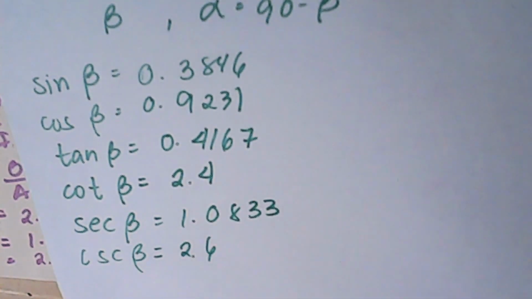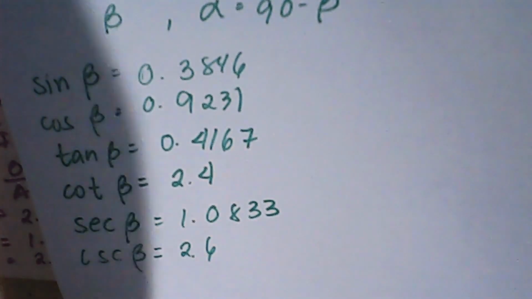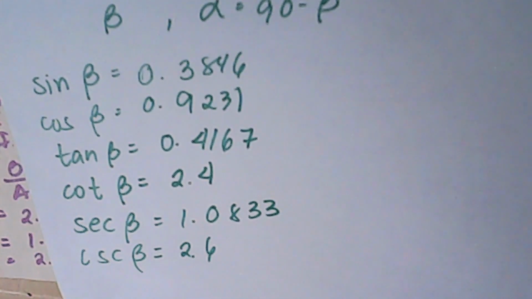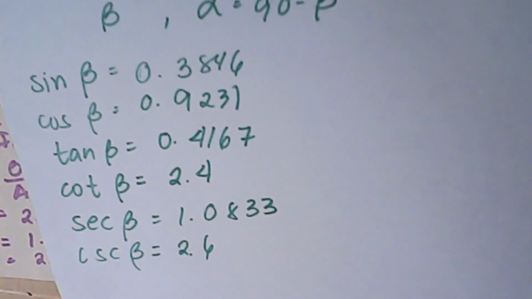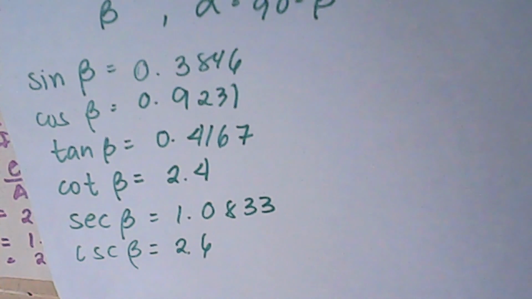So, sine beta is 0.3846, while cosine beta is 0.9231, tangent beta is 0.4167, cotangent beta is 2.4. Secant beta is 1.0833 and cosecant beta is 2.6.